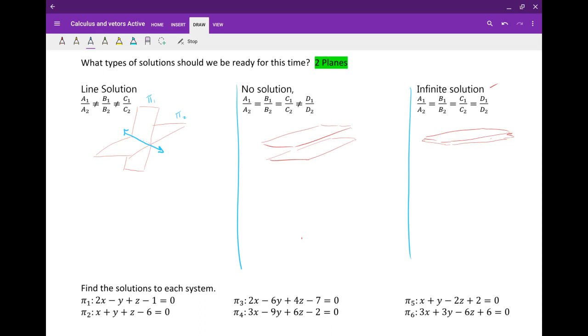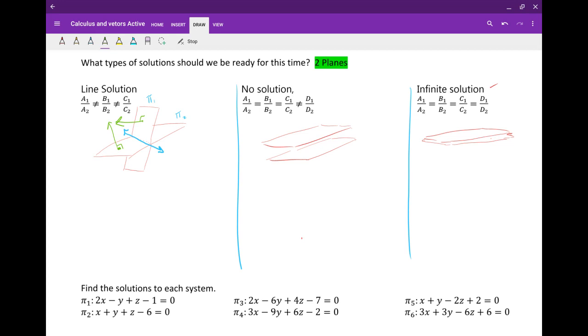All right. So what you're going to want to do is take the ratios of the normals. As you can see here, each of these has a normal. This guy's normal would be like that, and this guy's normal would be like that, maybe.